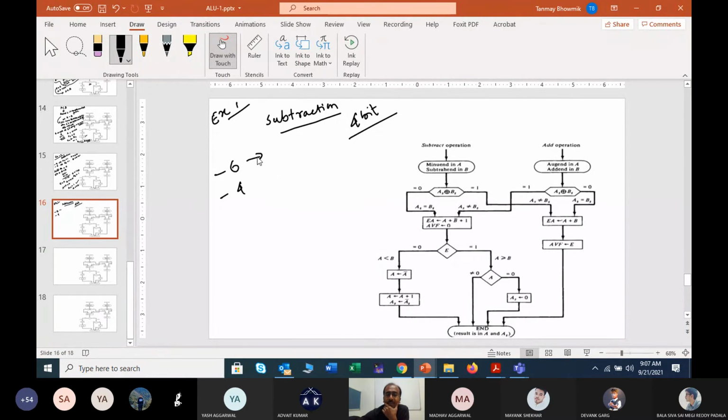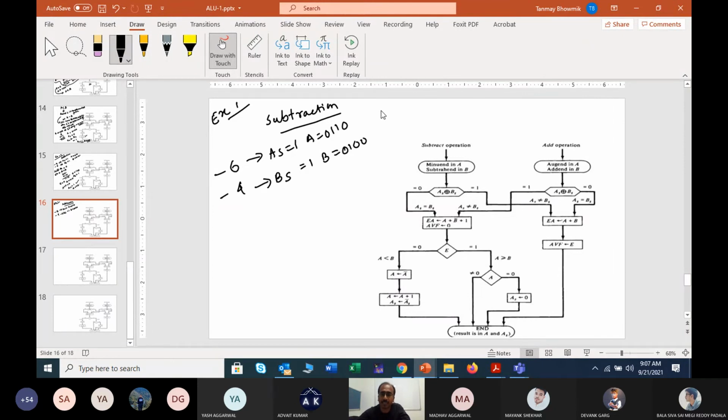So from here you can write AS equals 1, BS equals 1, A equals 0 1 1 0, and B equals 0 1 0 0. So it should be written with some spacing.